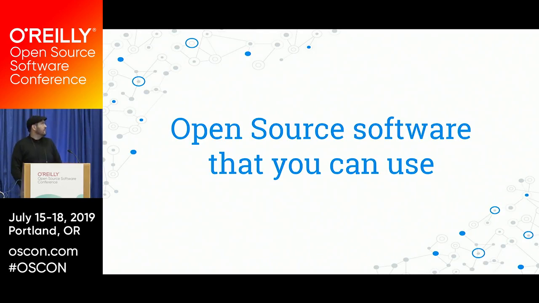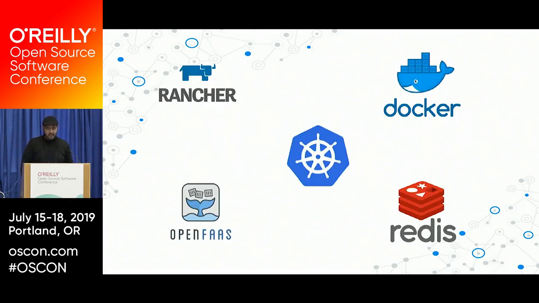So for this, you can use some pieces of software. Here's an example of the kind of software that you can use to create the infrastructure to build these chatbots. For example, Kubernetes, that a lot of people have heard about. Docker, and NoSQL like Redis.